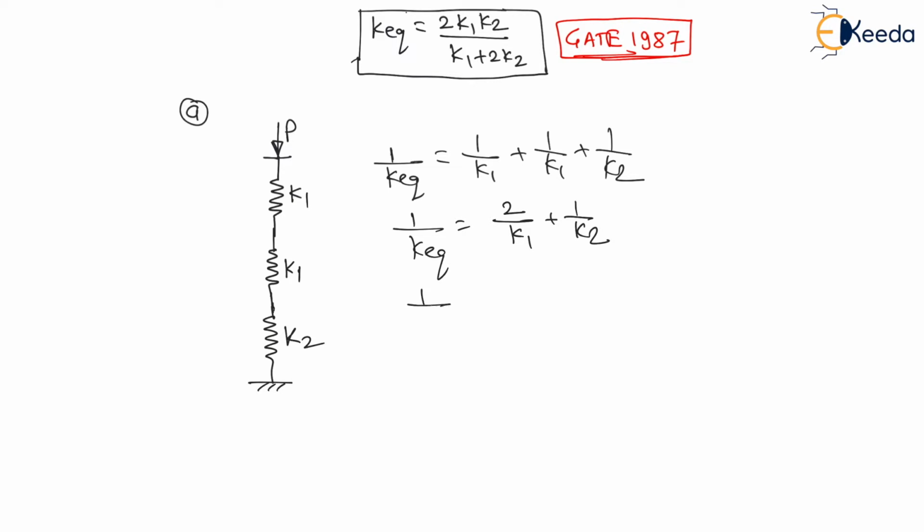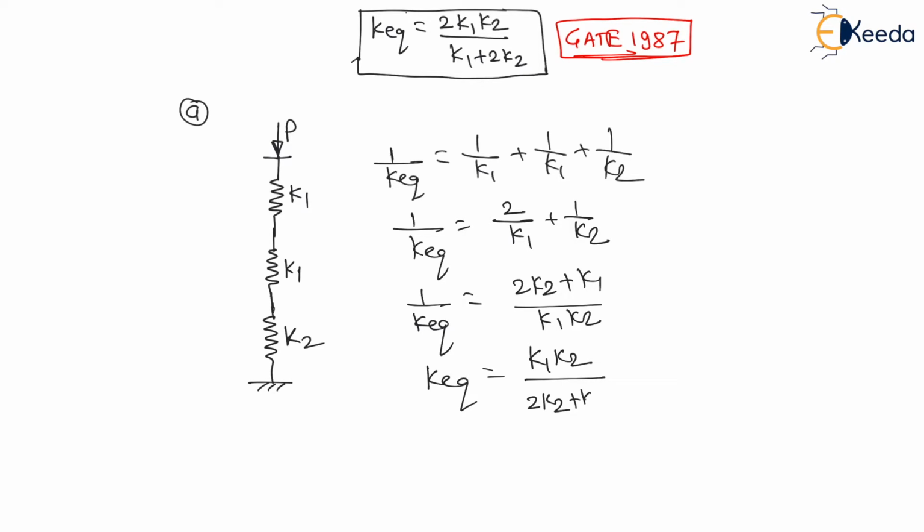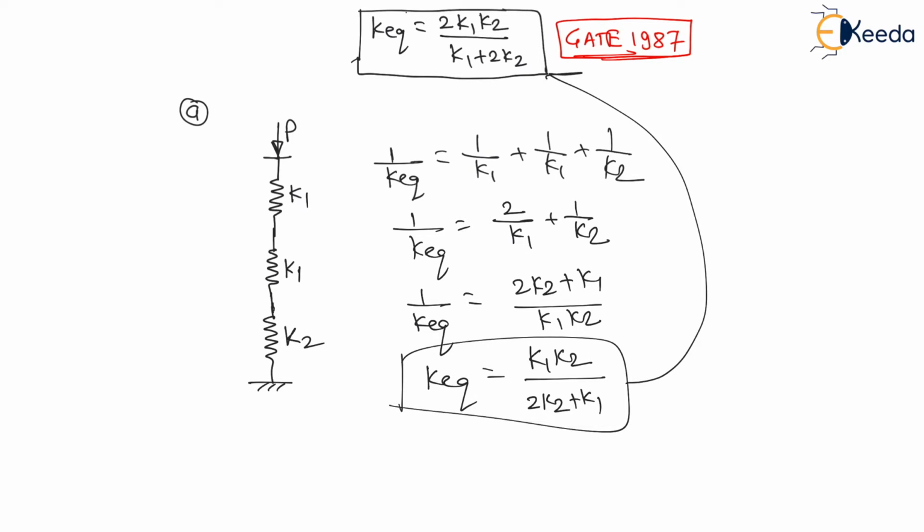Now let us cross multiply. 1 upon k equivalent is equal to 2k2 plus k1 divided by k1 k2. Therefore k equivalent is equal to the reciprocal, that is k1 k2 divided by 2k2 plus k1, right?